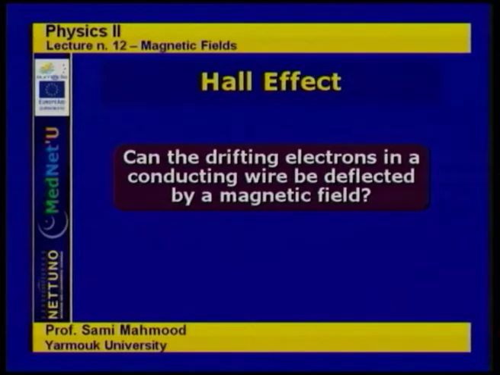Now, the question is, if we have electrons that are drifting in a conductor, are these electrons affected, or could they be deflected by the application of a magnetic field?